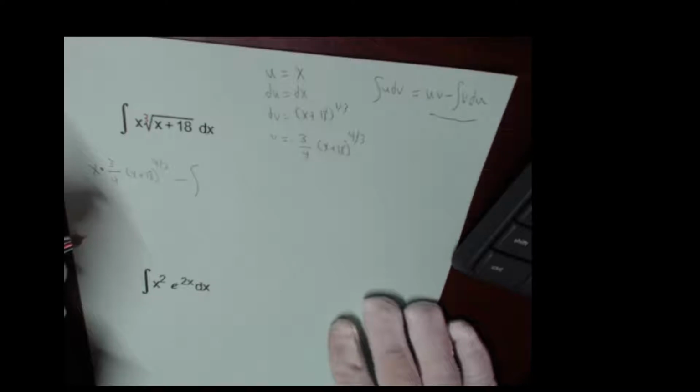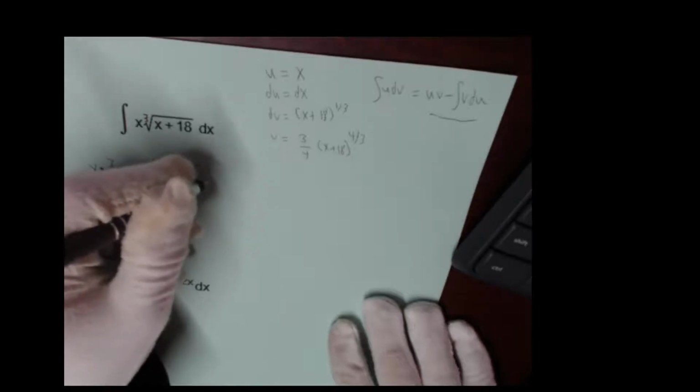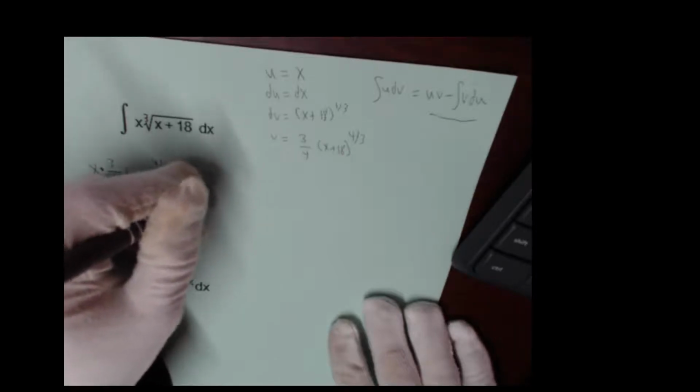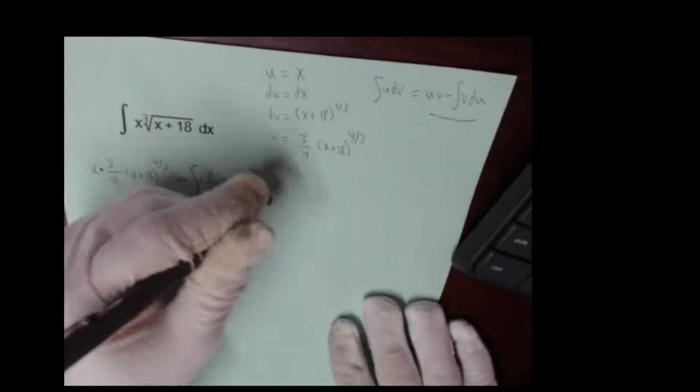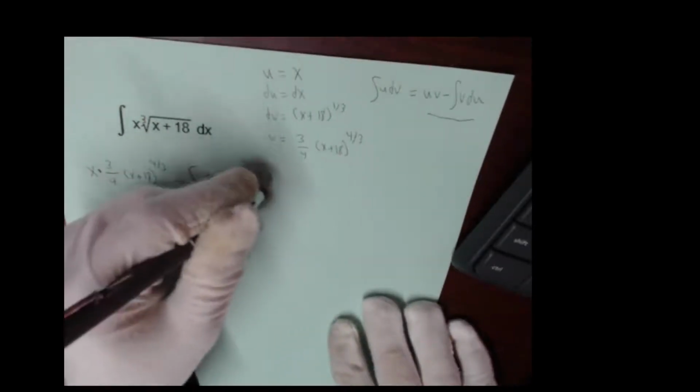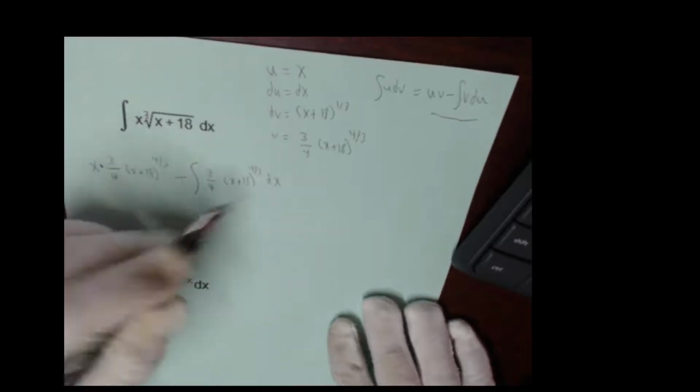So v du is going to be 3/4 times x plus 18 to the 4/3. And then du equals dx, and so that's beautiful. It's just times 1 right there, and so we can just put it in.